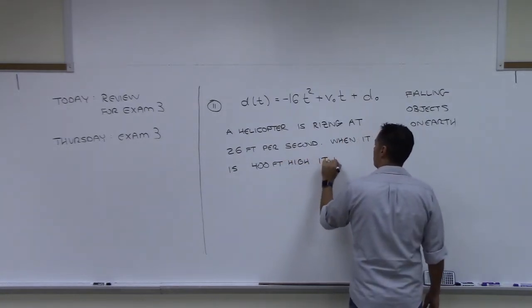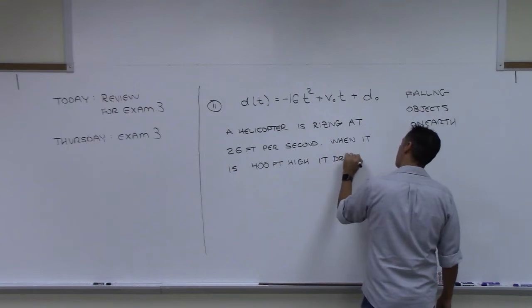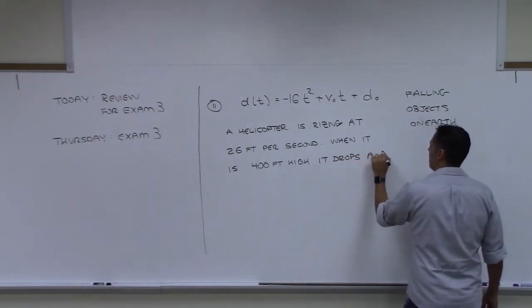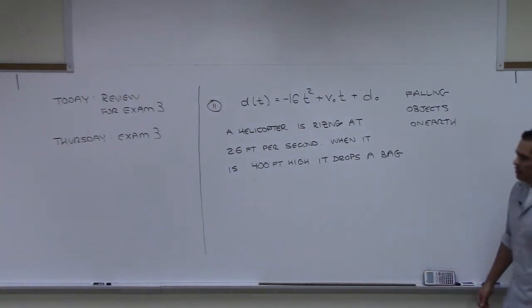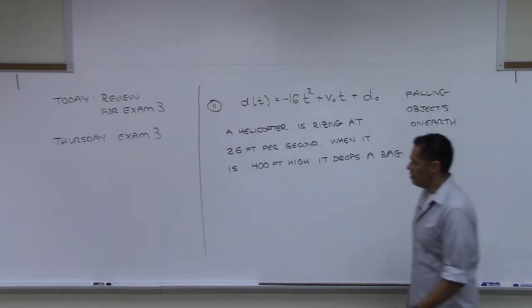It drops, let's make it a bag. I was going to make it a bomb, but we'll try and be nice today. It drops a bag. All right. Here are the questions.